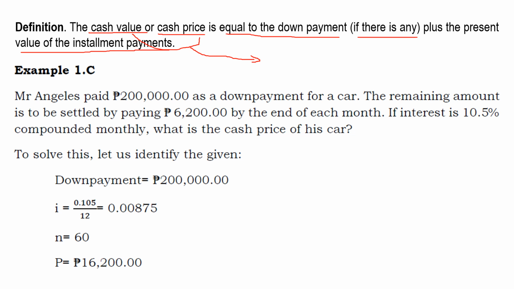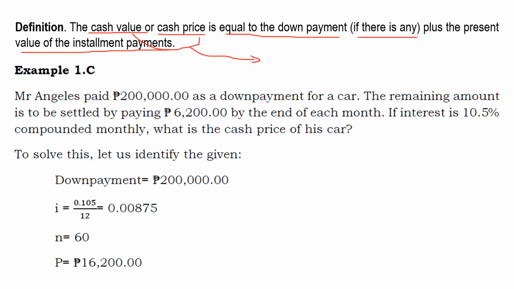For example, a gadget costs 12,000, so the 30% of 12,000 will serve as our down payment, and the remaining cost of that particular gadget will be converted to an installment payment.